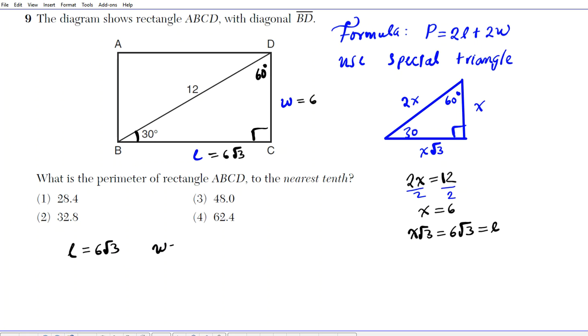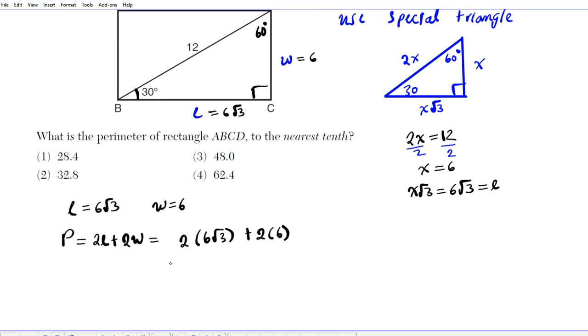So these are the two pieces of information we need to compute the perimeter, which is 2 length plus 2 width. So we have 2 length, 2 times 6 rad 3, plus 2 width, which is 2 times 6. I will simplify that. We have 12 root 3 plus 12.